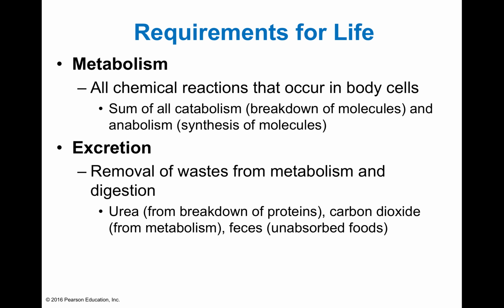Now, a part of metabolism is a process called catabolism, in which you take a chunk of molecules and break them down into smaller molecules, or you take small molecules through a process called anabolism and create more complex molecules.